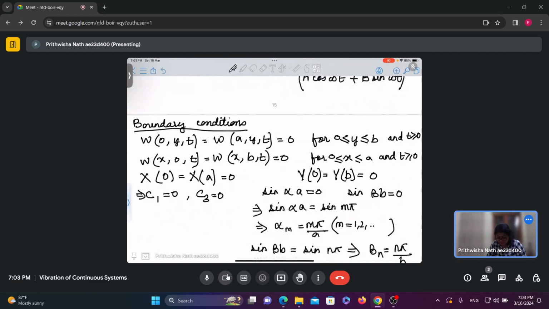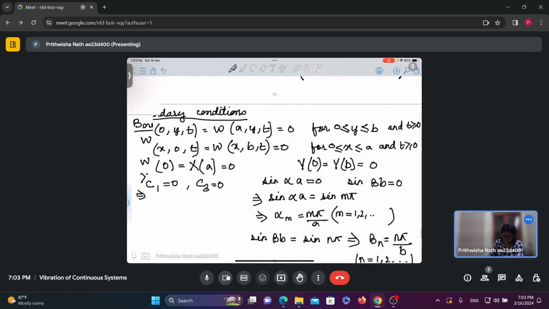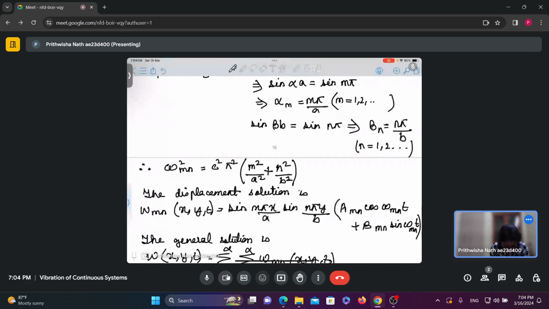So alpha m turns out to be m pi by A and beta n turns out to be n pi by B. Therefore, the natural frequency becomes like this. And finally, the general solution turns out to be this.